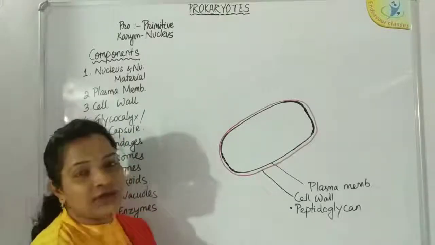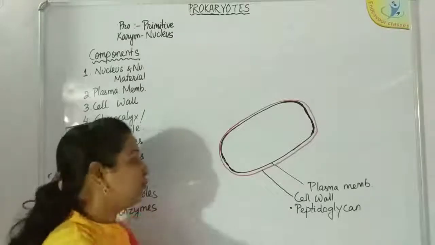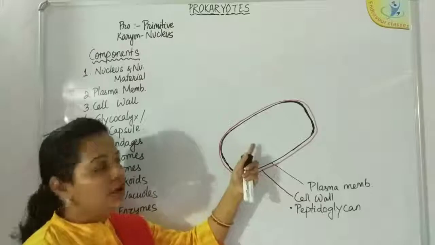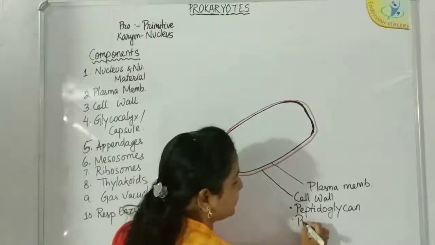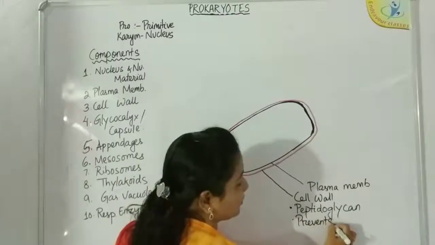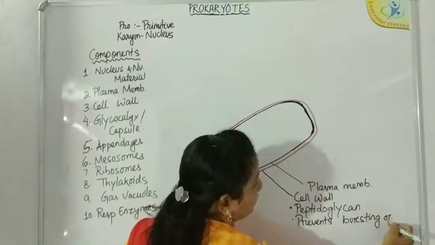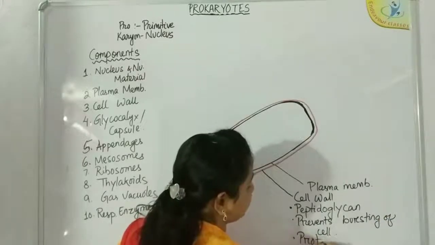So there is a possibility of bursting of the prokaryotic cell. But due to the presence of this cell wall, the prokaryotic cell does not burst. So it prevents bursting of the cell. It protects.